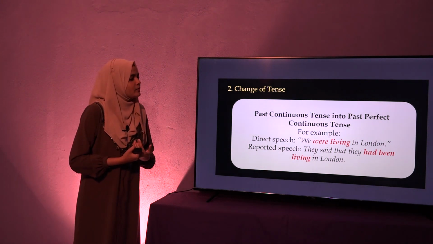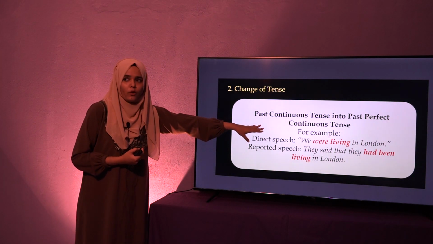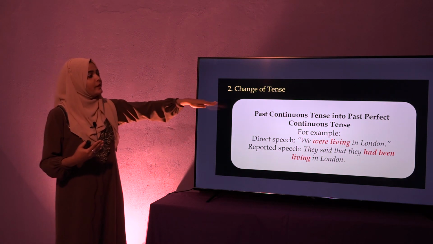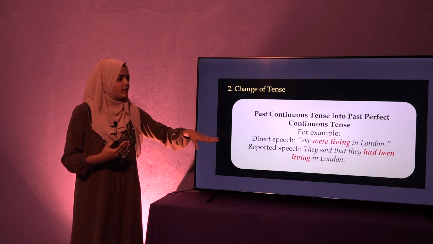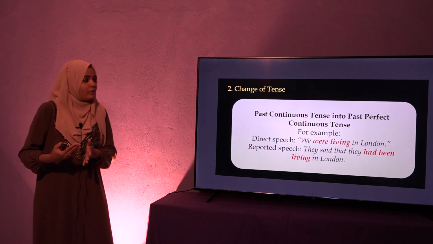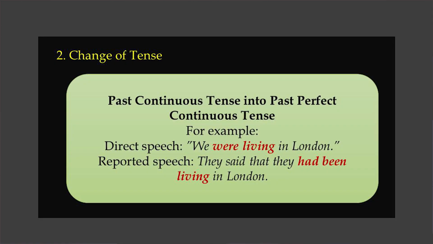In reported speech, instead of were, we are using had been to represent past perfect tense. In this also, the main verb remains the same because it's continuous tense. We were living in London. Were living is converted into had been living in London.